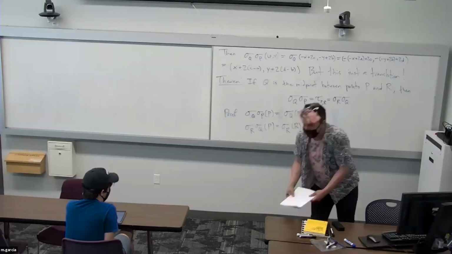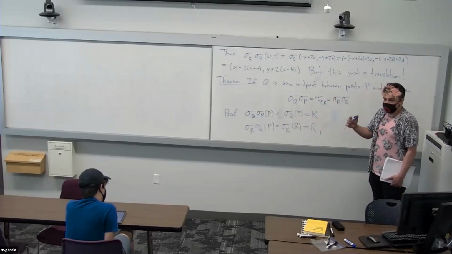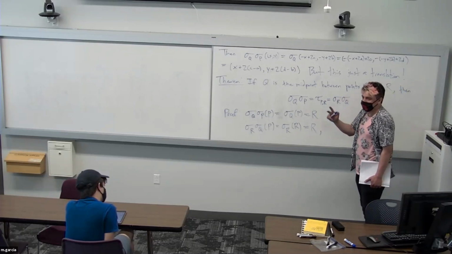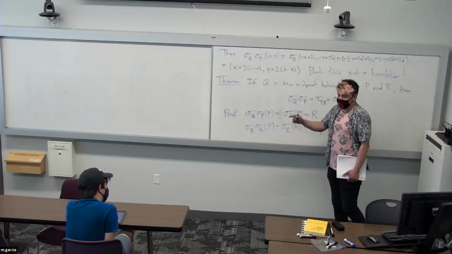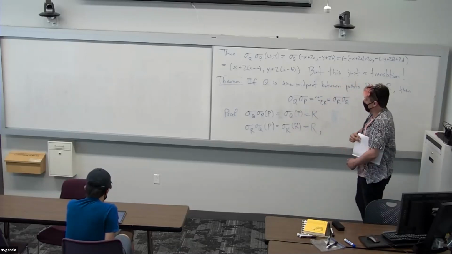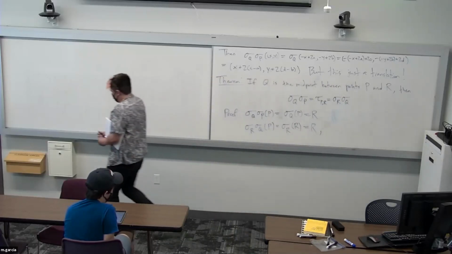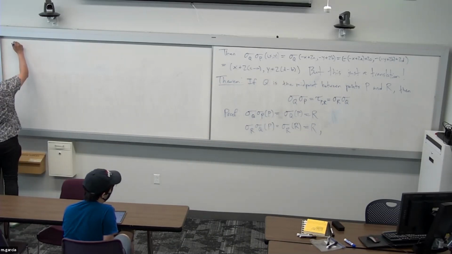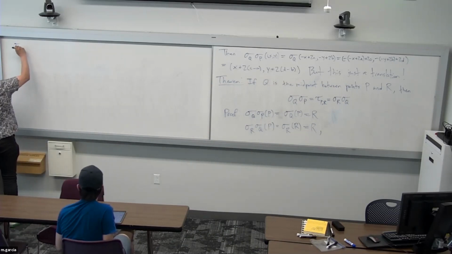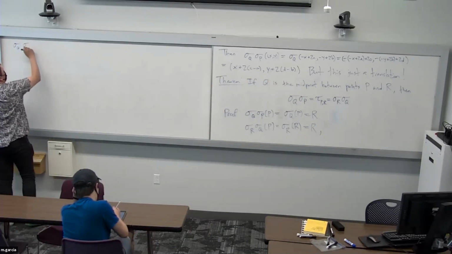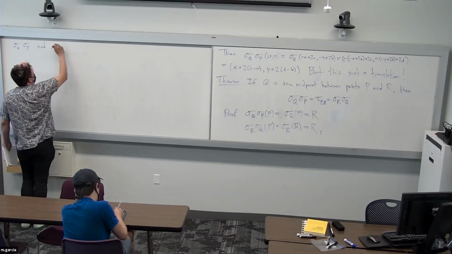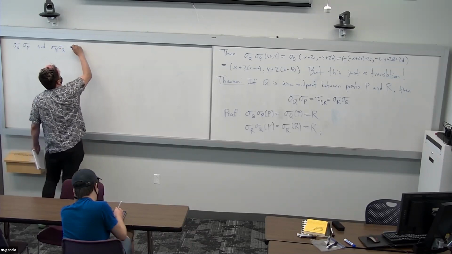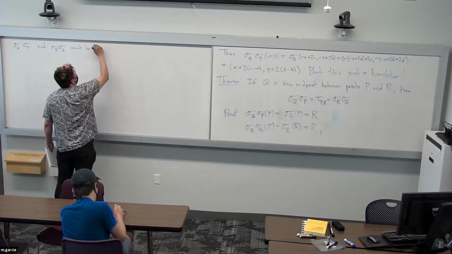And what do we know about translations that take a given point to another point? For any two distinct points, there is a unique translation that takes one to the other. Okay? So, let me write all that down. We know that sigma q sigma p, and sigma r sigma q must be translations.